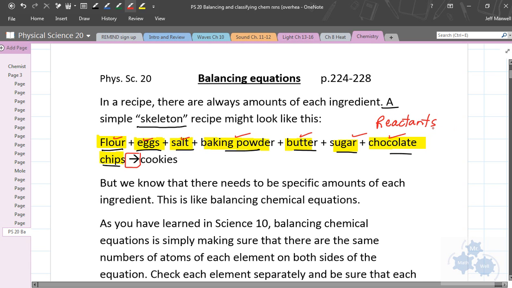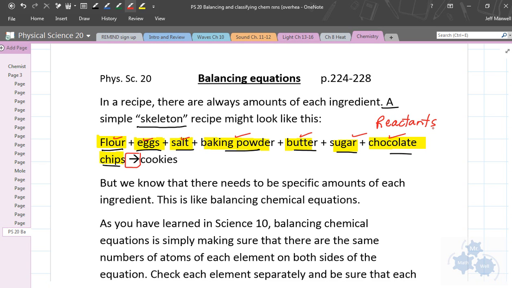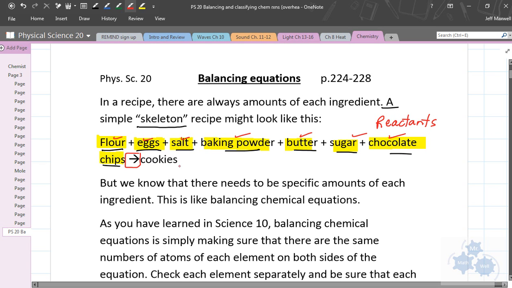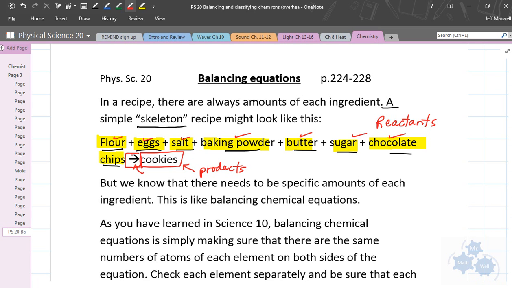The reactants are on the left side, and those are the things that react together to produce one or more things on the right side. And what are these called? Yeah, they're called cookies, right? Products, okay? Reactants on the left, products on the right. And of course, we always use an arrow, not an equal sign, because this arrow means combines together to produce, or yields, or reacts together to produce.